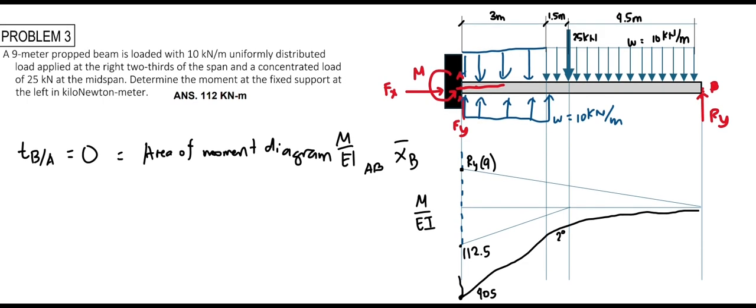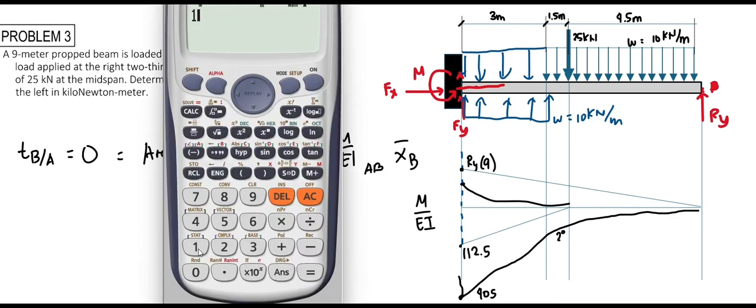And for this uniform load at the bottom, this will create a moment at point A that has a value equal to 10 times the total length of 3 meters times the moment arm of 1.5. This is equal to 45.